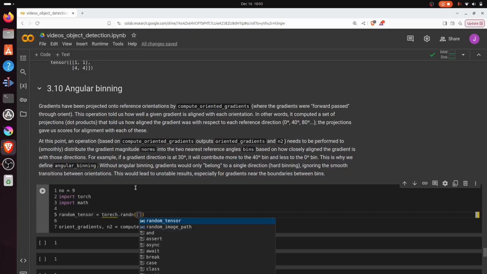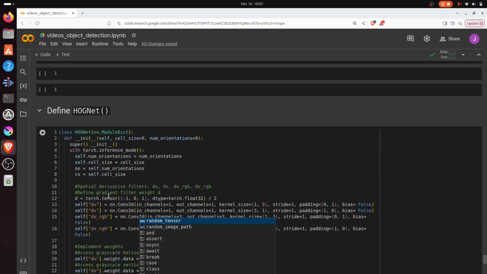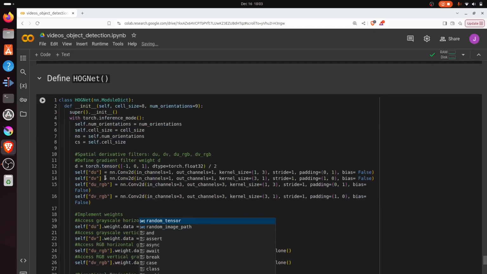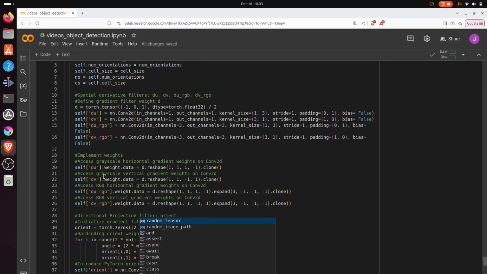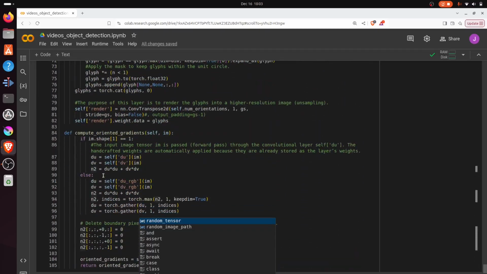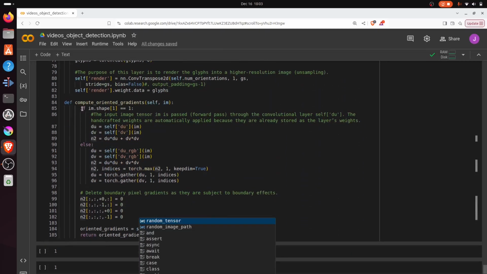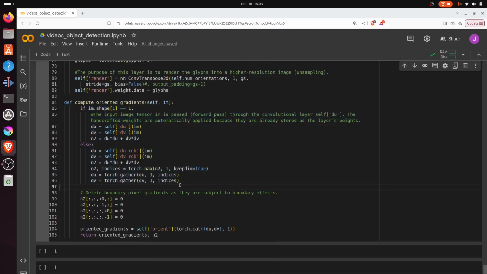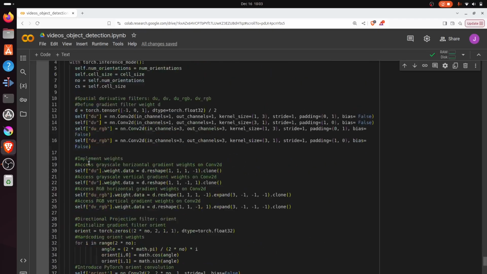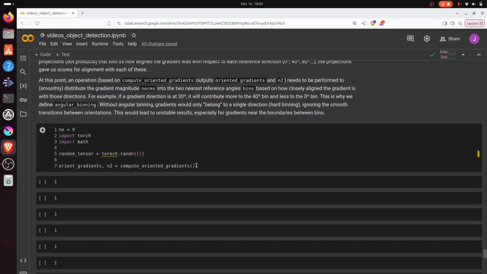Remember, we could also obtain oriented gradients for grayscale images, because we prepared our compute oriented gradients function to handle both cases. But just to carry on, let's continue with the case of an RGB image.